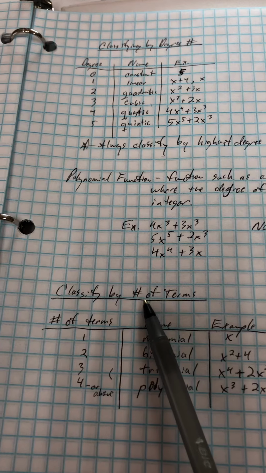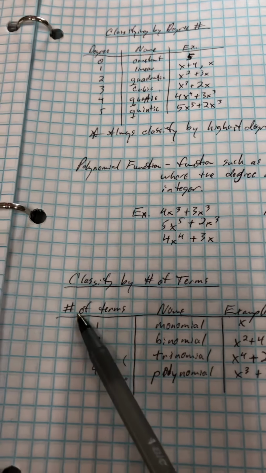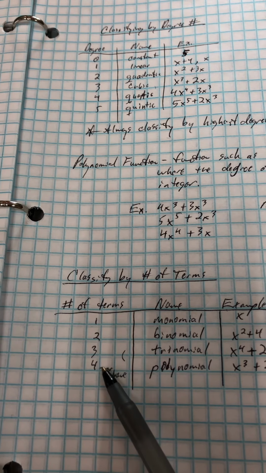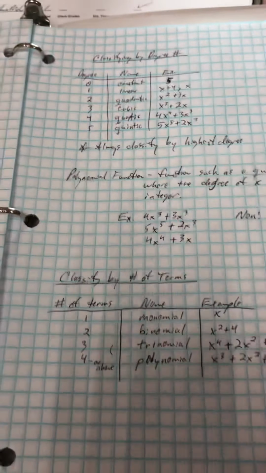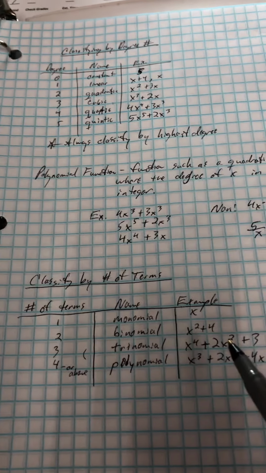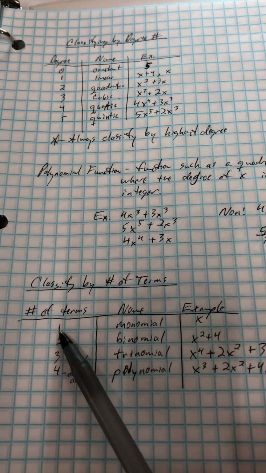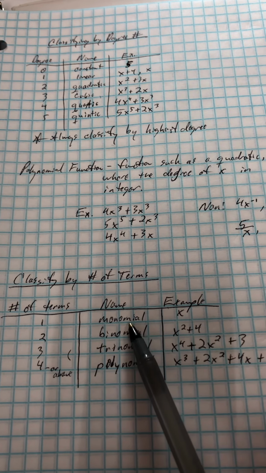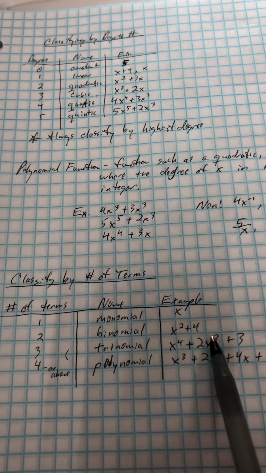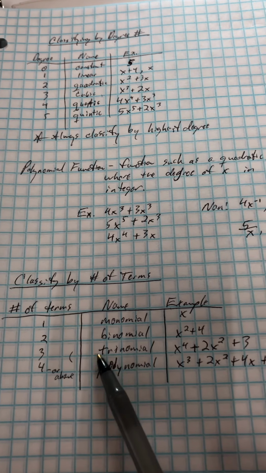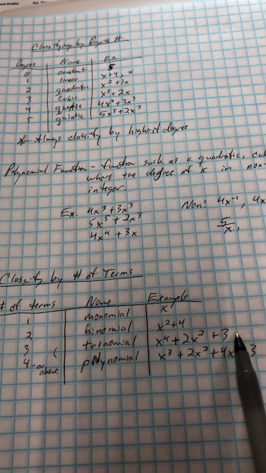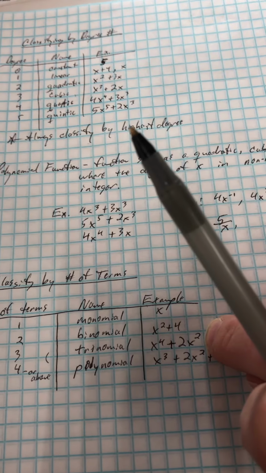Classifying by the number of terms. The number of terms is 1, 2, 3, and then 4 and above, everything is polynomial. Here's an example. That's just monomial. 2 would be binomial. 3 trinomial. Sometimes it looks like this, and there's nothing back there.